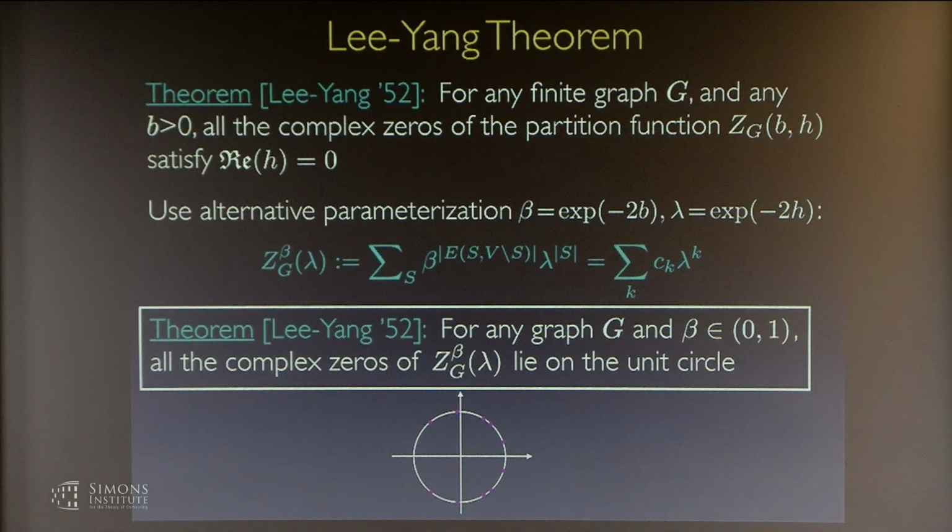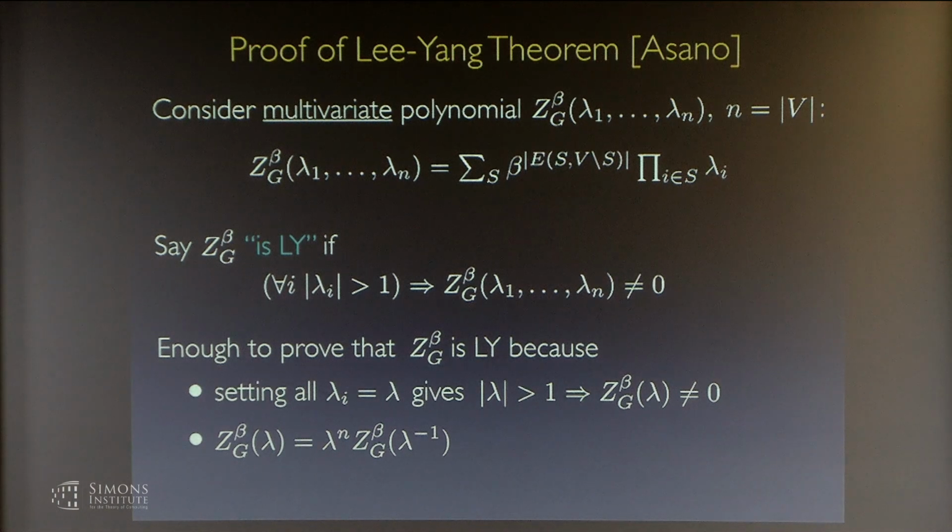In order to prove this, we're going to consider the multivariate version of that polynomial. So now I'm going to give a different variable lambda to each vertex of the graph, so this will be the form of the polynomial. N here is the number of vertices in the graph. Okay.